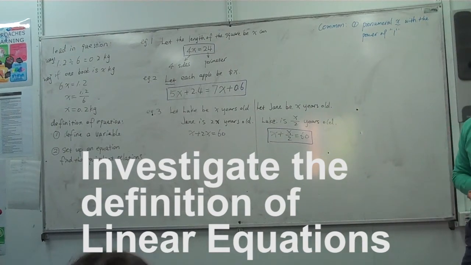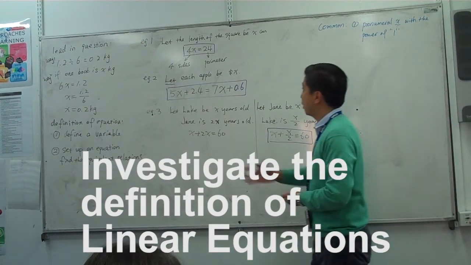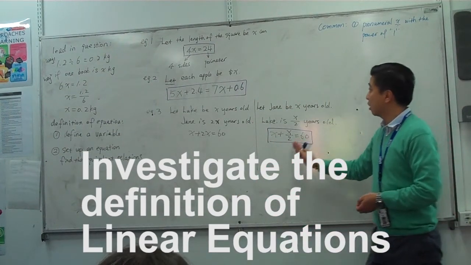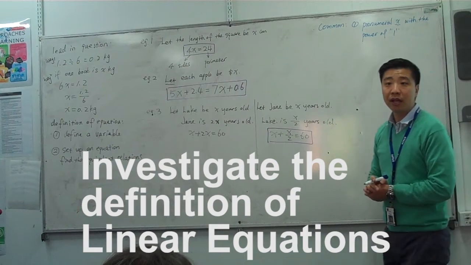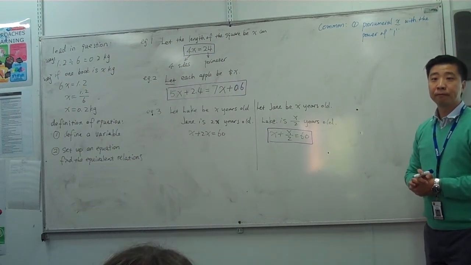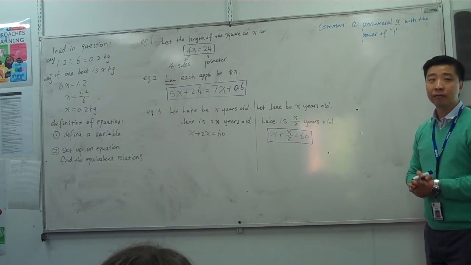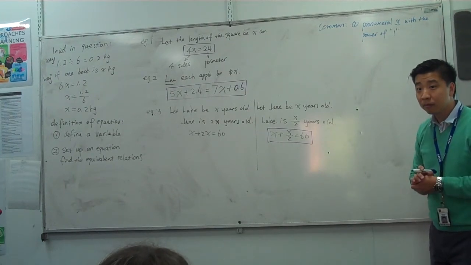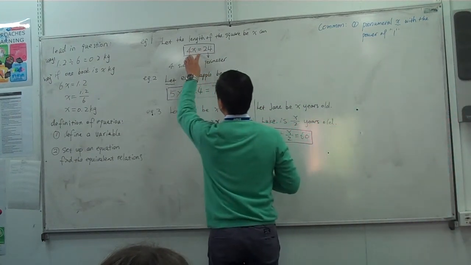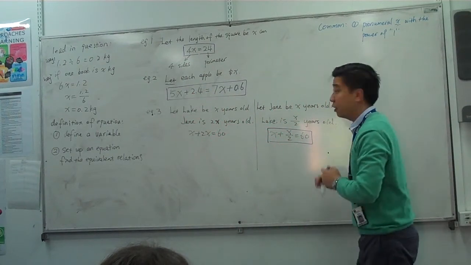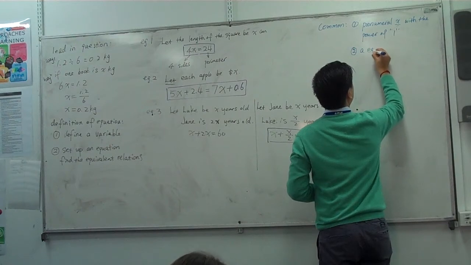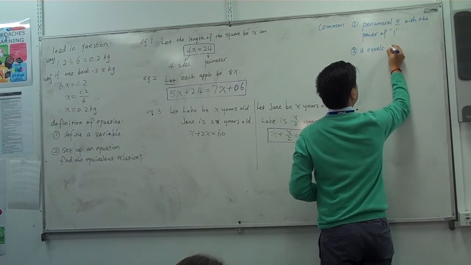Something else. Tell me everything you observe that shows the common things of the three equations. They all equal something. Very good. They have equal signs. Okay, good. So, number 2, they all have an equals sign.